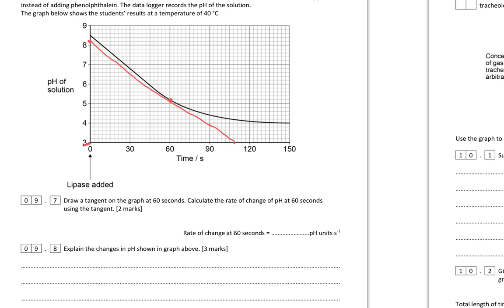So this one has gone up 1, 2, 3, 4, 5.2. So my y distance is 5.2, and my x distance is, that's an awkward one. Let's assume I've gone to there, and therefore it's 90, 100, 110, 120.